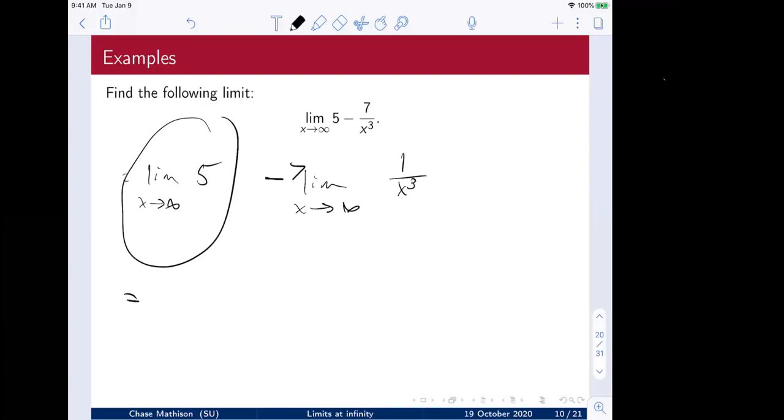This is just a limit. And so no matter what x is, the function we're just looking at there is 5. So as x approaches infinity, it doesn't matter what x is. I'm still getting 5 there. Minus 7 times the limit as x approaches infinity of 1 over x cubed. But what is that limit?